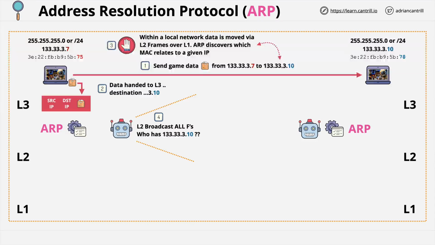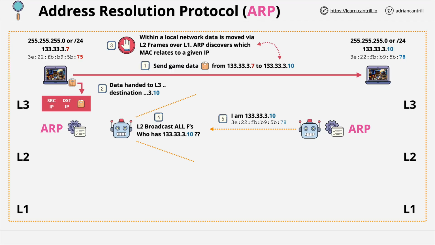The ARP software sees this broadcast and it responds by saying, I'm that IP address, I'm 133.33.3.10, and here's my MAC address ending 5B:78.